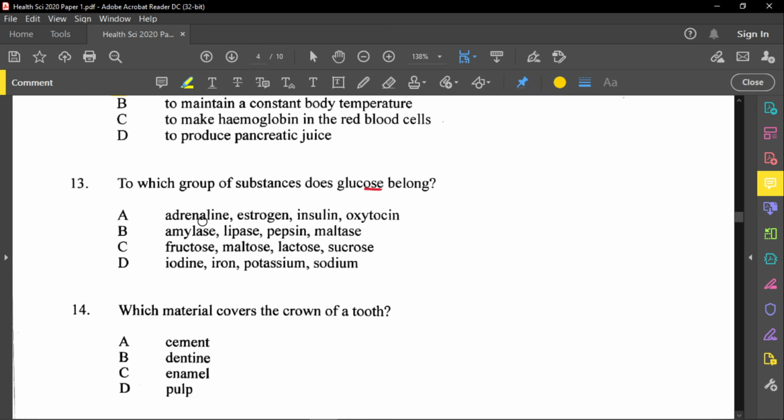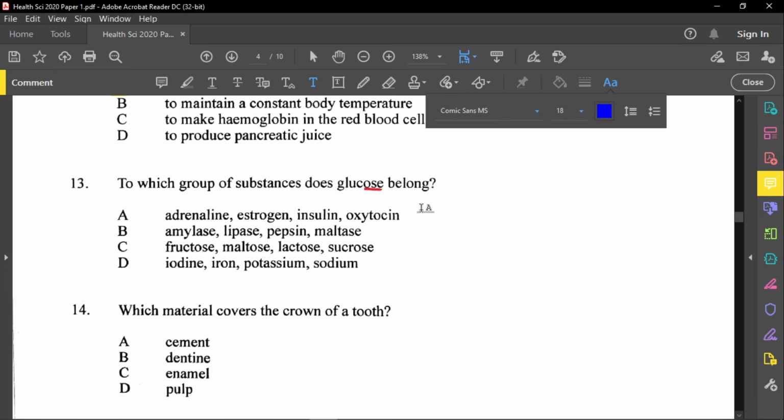If you look at option A, we have adrenaline, and adrenaline is a hormone, as are insulin, oxytocin, and estrogen. They're all hormones. Amylase, lipase, pepsin, and maltase are enzymes. So option B is all enzymes, and enzymes end with ASE.